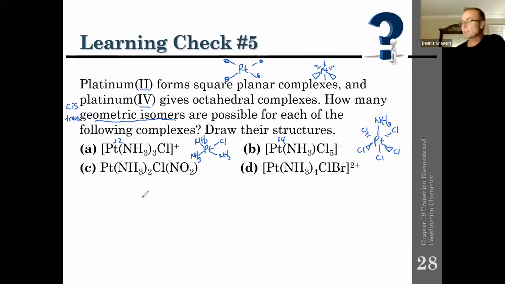For C, pause the video, give it a try. Okay, we're missing brackets, and what that means is the whole thing is your coordination complex with a net 0 charge. There's no charge on ammonia, the chloride's a -1, the nitro group's a -1.